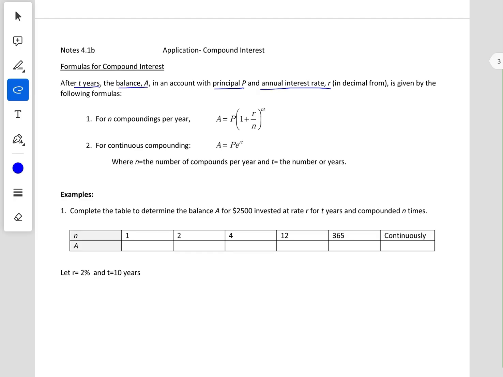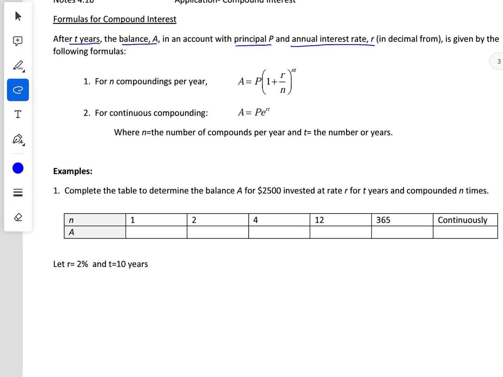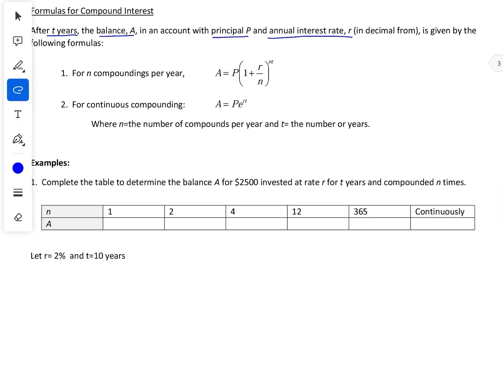The first example that we're going to use a formula on is: complete the table to determine the balance A for $2,500 invested at a rate of R for T years, compounded N times. So we have the 2,500 as our principal, and it gives us the rest right here.